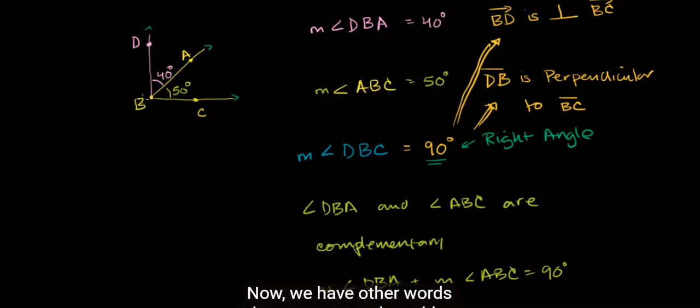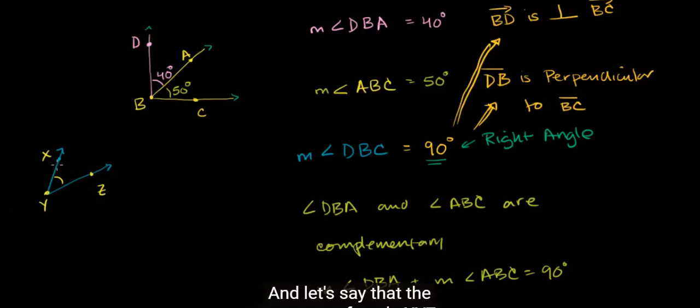Now, we have other words when two angles add up to other things. So let's say, for example, I have one angle over here. Let me put some letters here so we can specify it. So let's say this is X, Y, and Z, and let's say that the measure of angle XYZ is equal to 60 degrees.